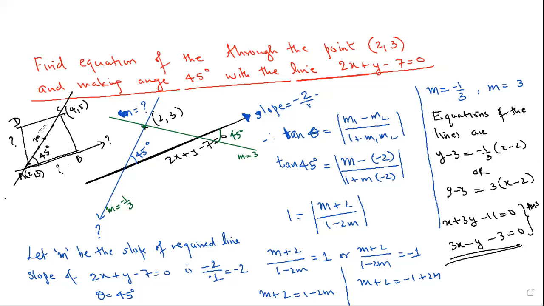The slope of this line you can find by using this formula. This problem is almost the same. They will give you the equation of one of the diagonals and one vertex. Find the equation of the sides.